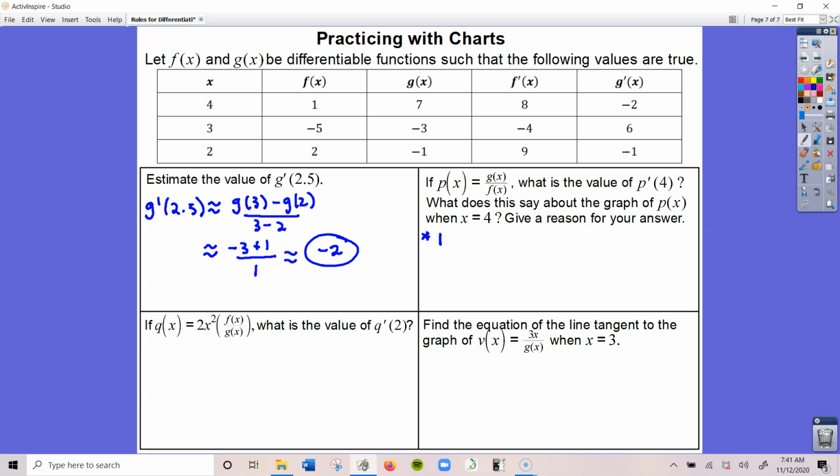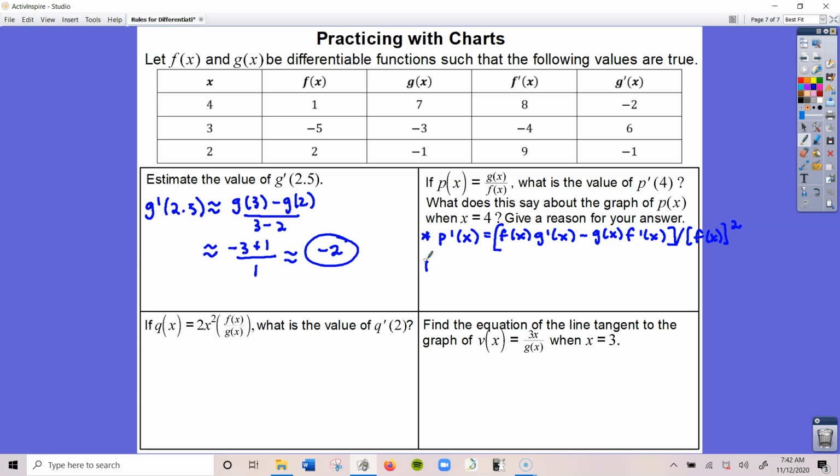So first I need the general derivative for p of x. So p prime of x is low, so f of x, d high, so g prime of x, less high, g of x, times f prime of x, all over f of x squared.